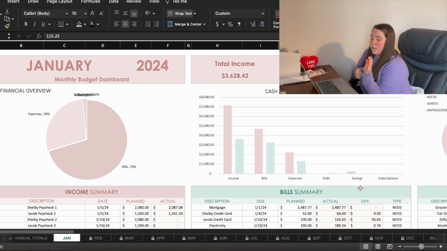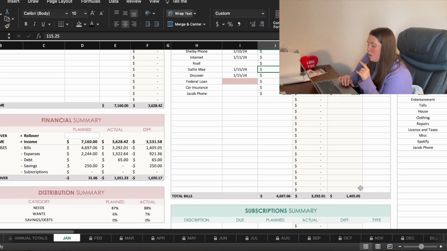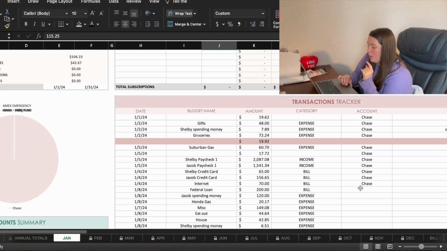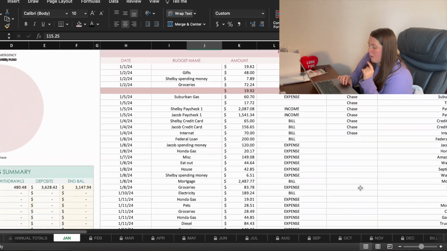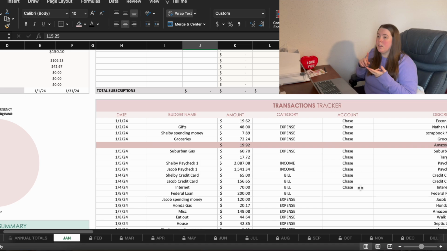All right, hopefully you guys can see this okay. Like I said, I updated all of my transactions down here. So you have this transactions tracker, and you put income, expenses, bills, all of it in one.